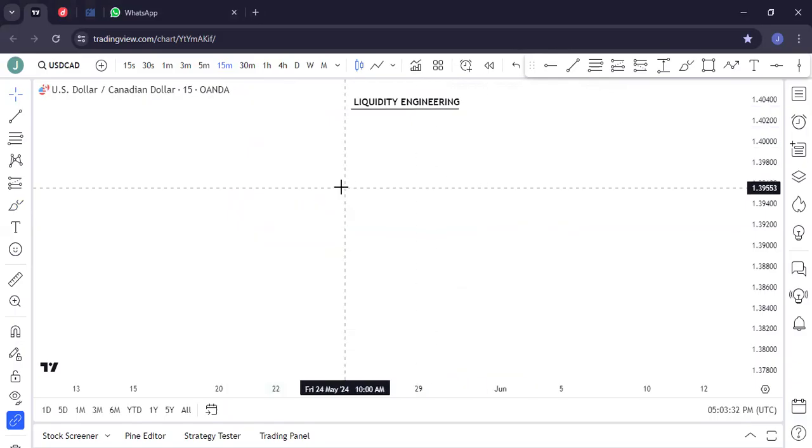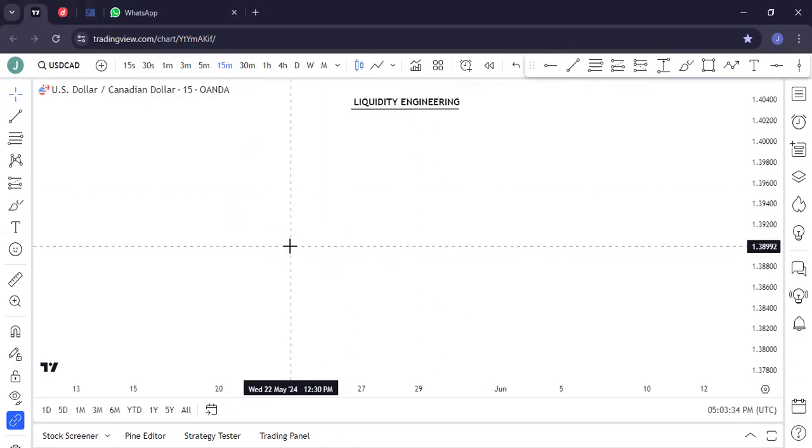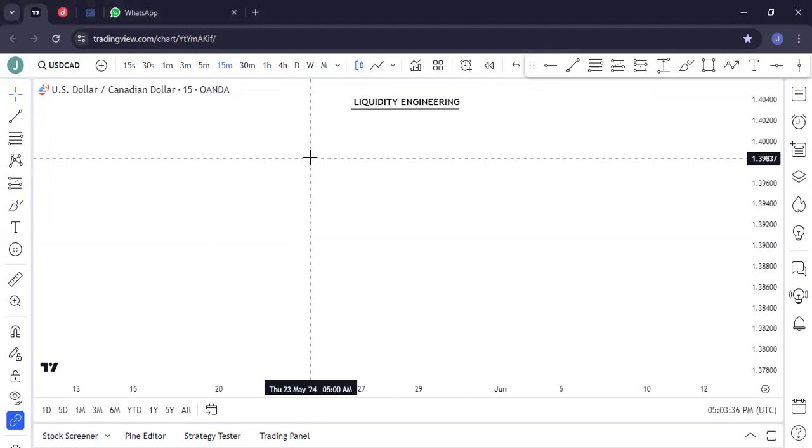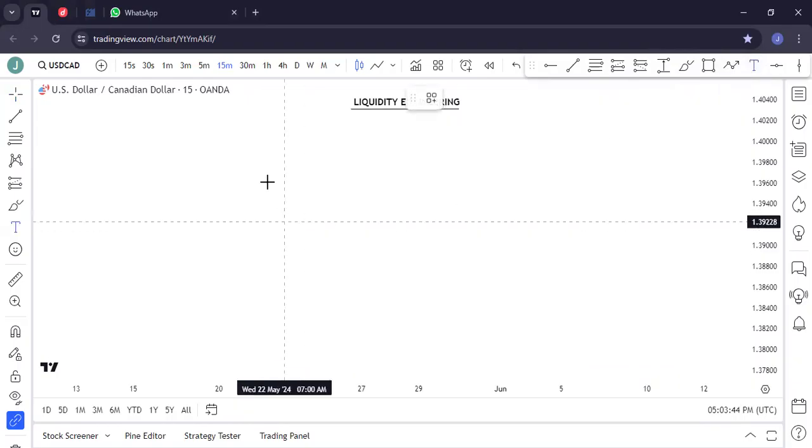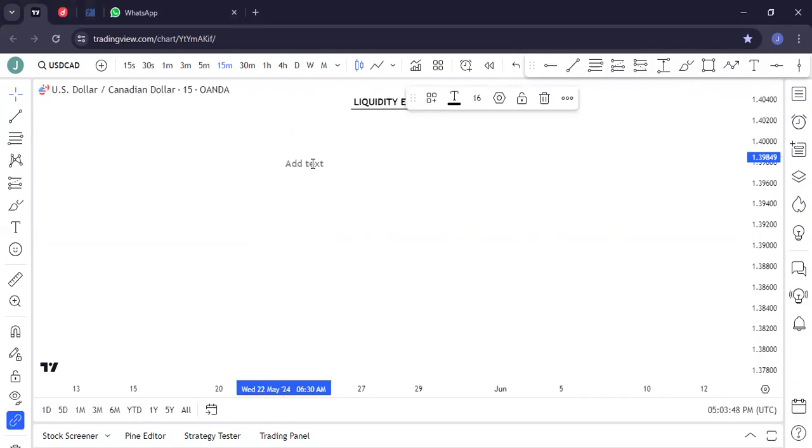So in liquidity engineering, we have rules, or we can call them characteristics of liquidity engineering.